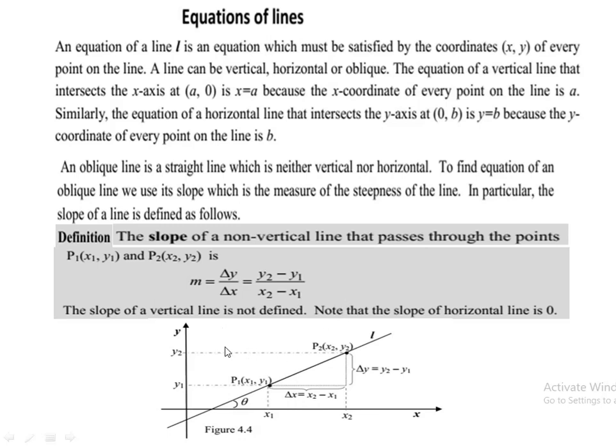Now let's look at the slope for non-vertical lines. Let's assume that this is the x-axis and this is the y-axis. Now where do we find the slope for non-vertical lines? For these lines.